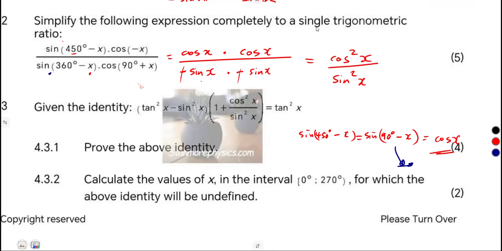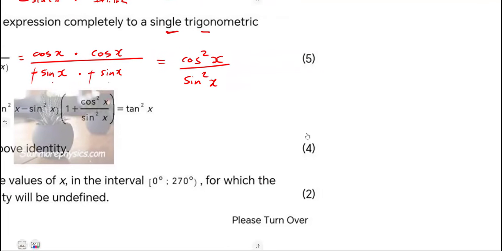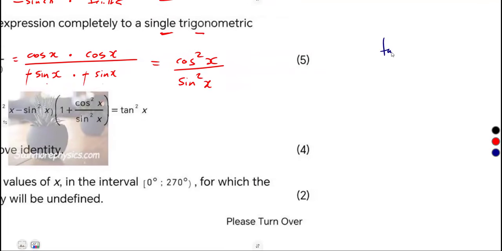But they say a single trigonometric ratio. There we have two trigonometric ratios, cos and sine. So how can we write them as a single one? Cos and sine come from a tan. The tan of x is sine of x over cos of x, so its reciprocal, 1 over tan, simply interchanges this to cos of x over the sine of x.